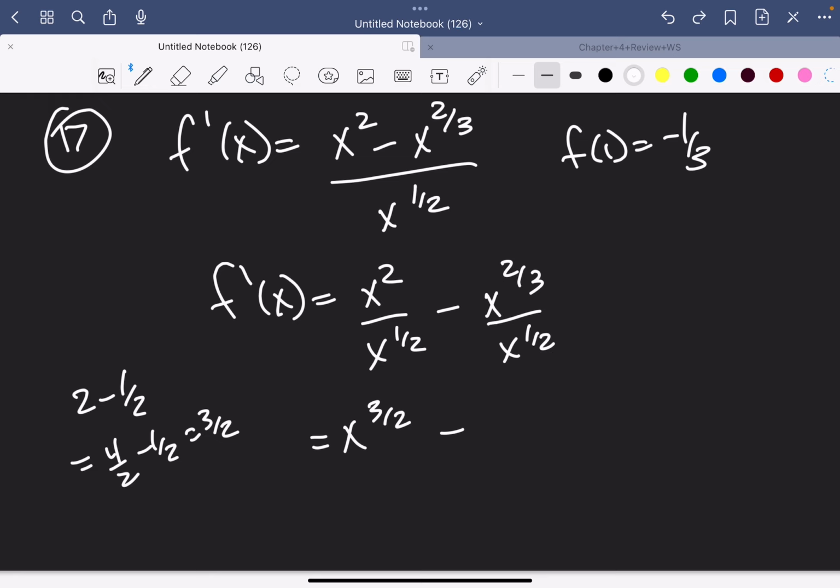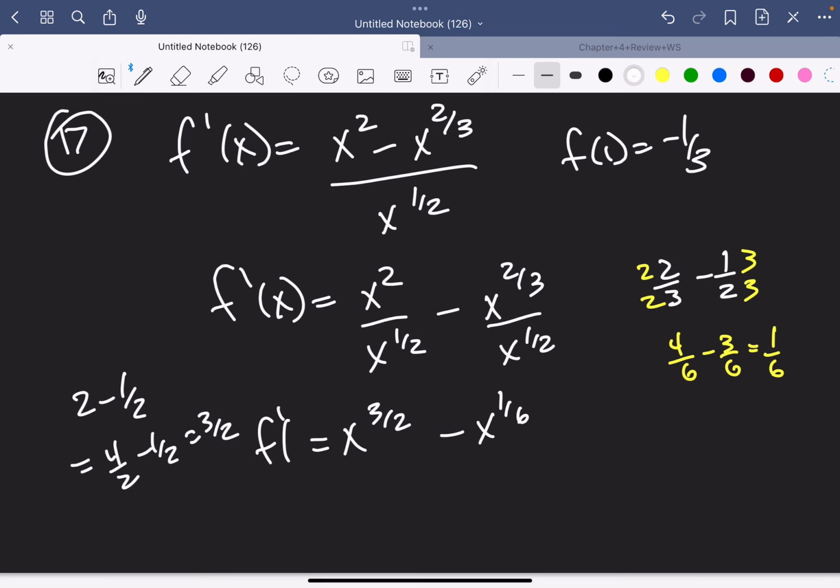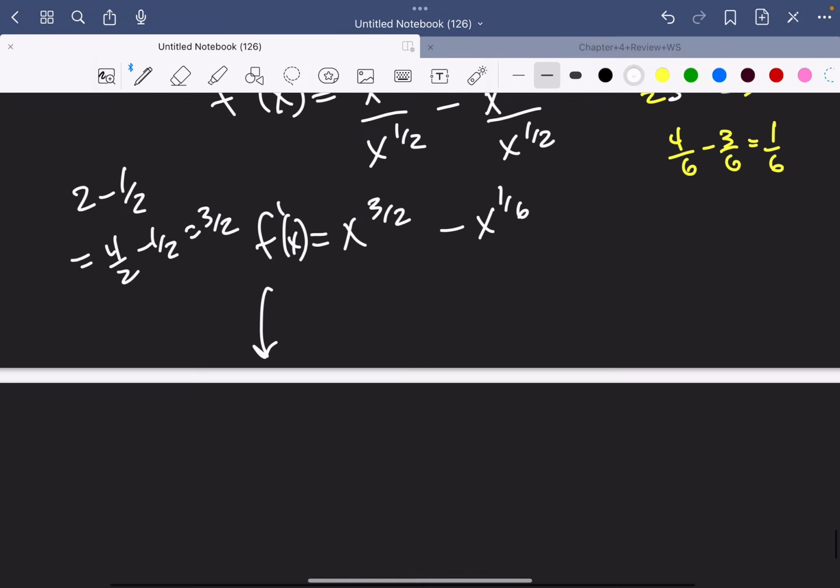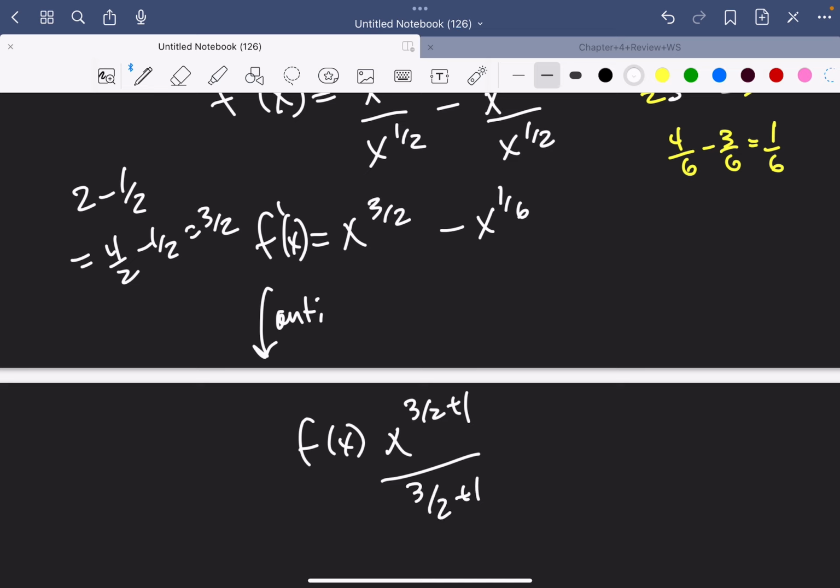Over here, if I subtract these exponents, 2/3 minus 1/2, I would have to do this and this to get 4/6 minus 3/6 is 1/6. This is x to the 1/6. So that would be my derivative before I've even taken an antiderivative. Okay, so now I'm ready to take an antiderivative, and I know that I get x to the 3/2 plus 1 over 3/2 plus 1.